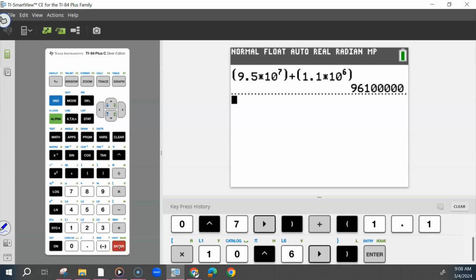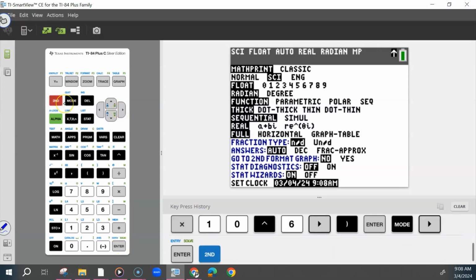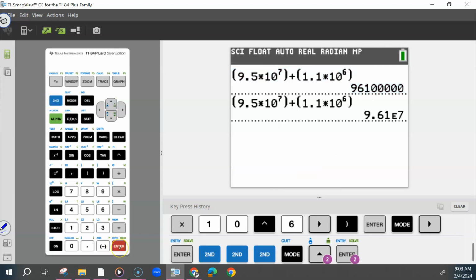You could go back and convert it, or if you want to see it in scientific notation, you can go into mode, change normal to size, scientific, and then do it again. The E is the same thing as base 10. It's similar, it's not necessarily the same, but you could do that also. Questions there?